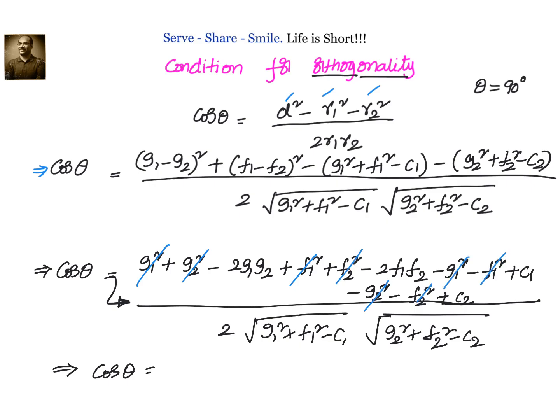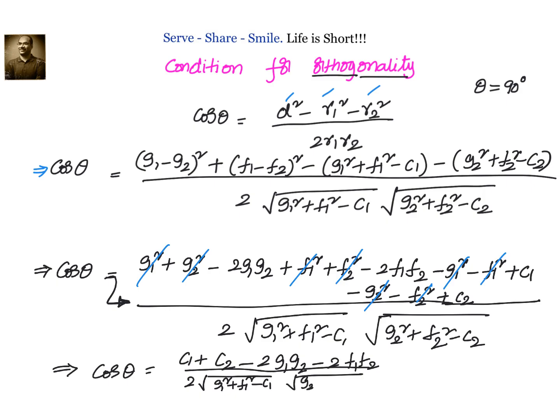What is left out is c1 plus c2 minus 2g1 g2 minus 2 f1 f2 divided by denominator 2 into root of g1 square plus f1 square minus c1.